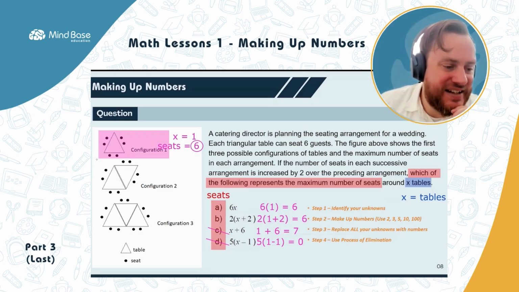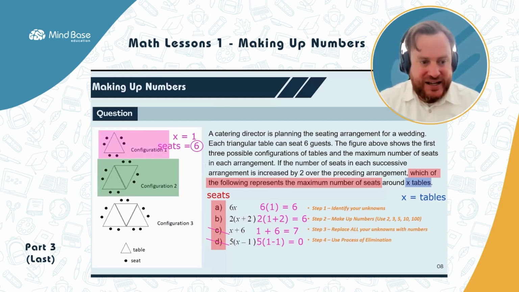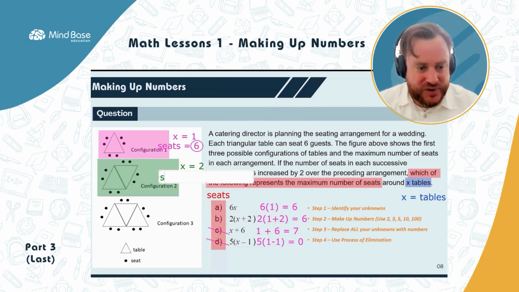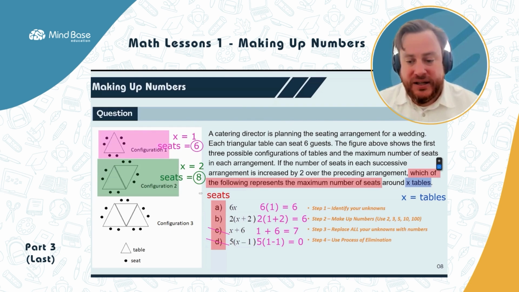So let's take a look at the second configuration. In the second configuration, we have an X value of 2, because that's how many tables there are. And how many seats are there? There are 8. So I want to plug an X value of 2, and I want to get out a value of 8.